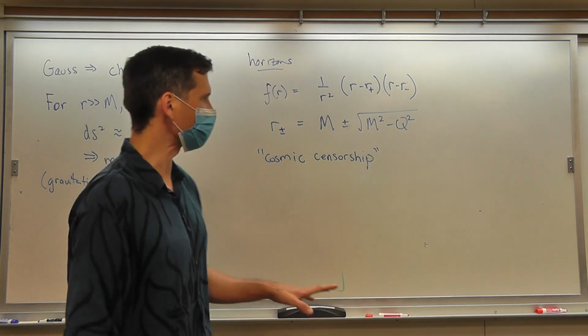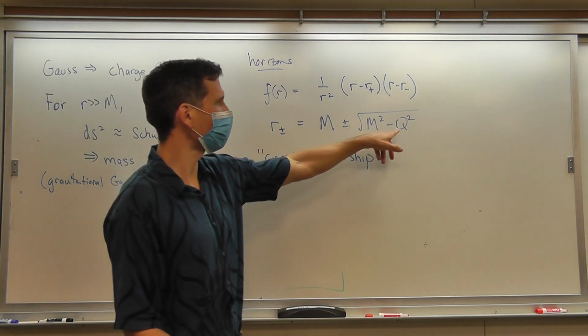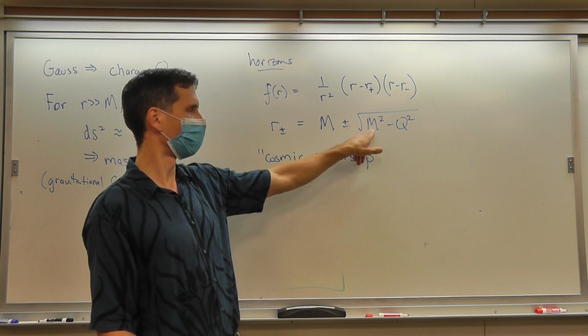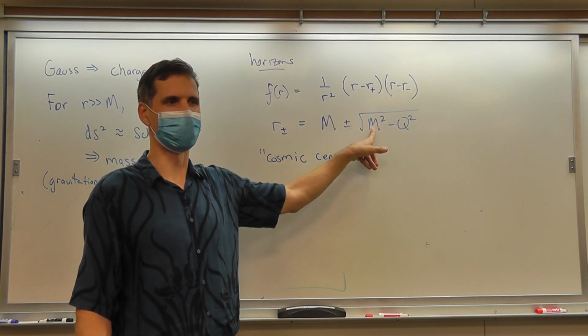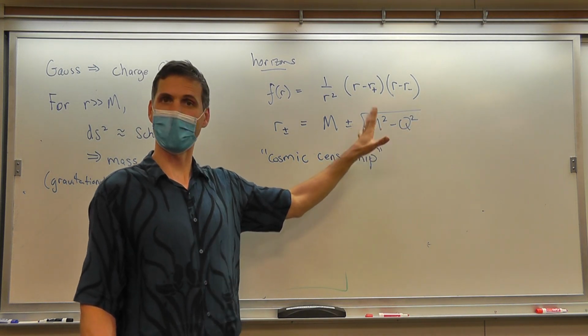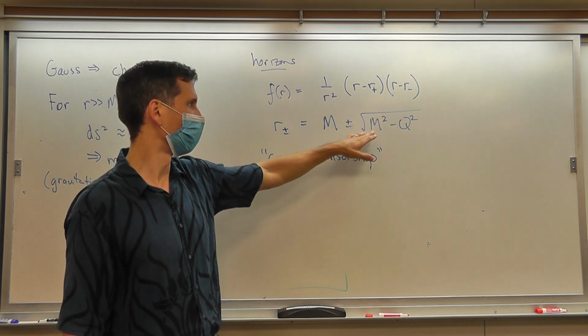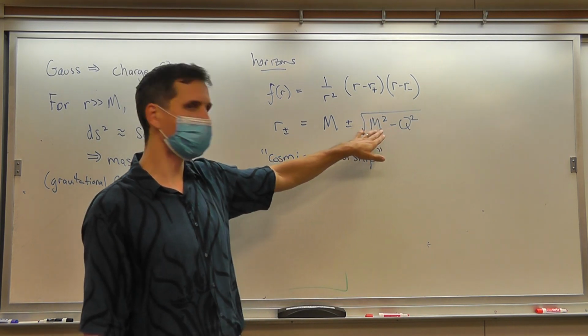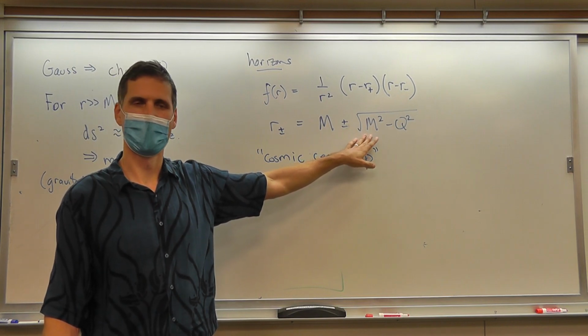Well, what do you mean by must? If I set Q to be bigger than M here, then there are no horizons in the actual space-time, because these horizons become complex. So there are no horizons, but there's still a singularity at r equals 0. So the Q greater than M Reissner-Nordstrom black hole is a naked singularity.